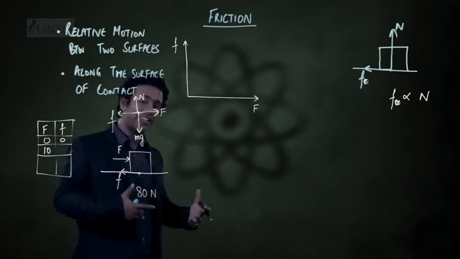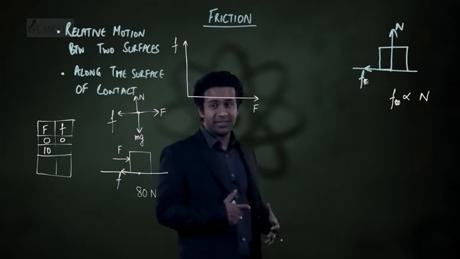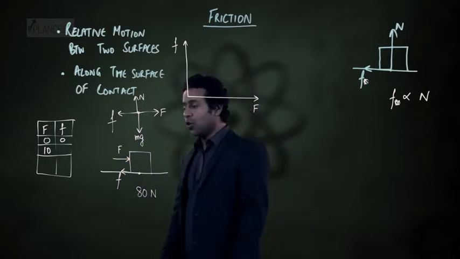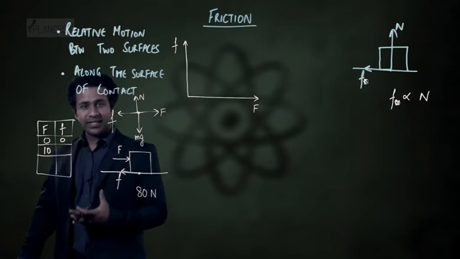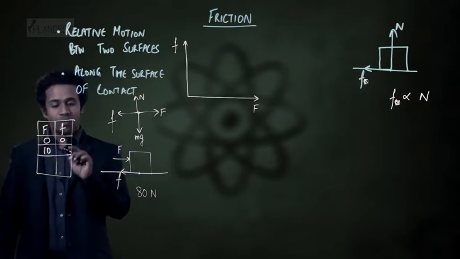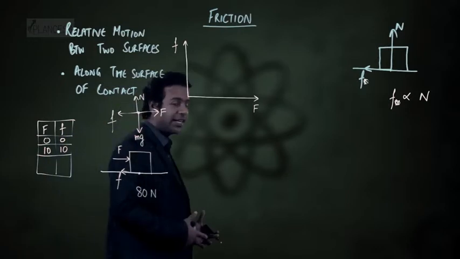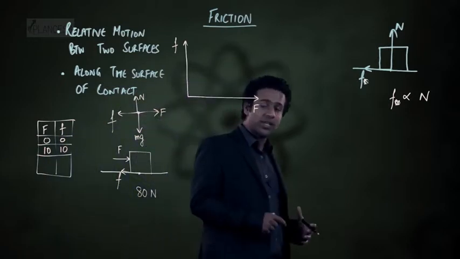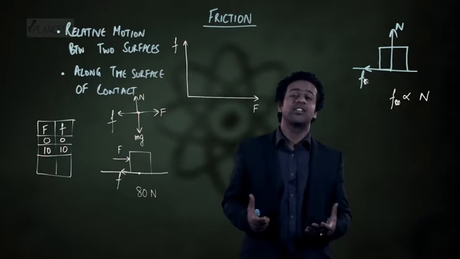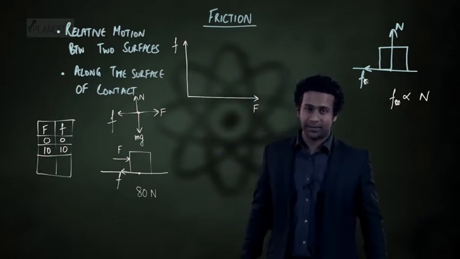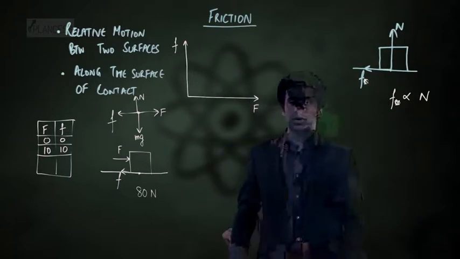And it by nature does not want any relative motion. So, when the external force is 10, frictional force will also be equal to 10. So, it has a capacity to go up to 80 Newtons, but it will not, because there is no requirement for that, given the external force applied.